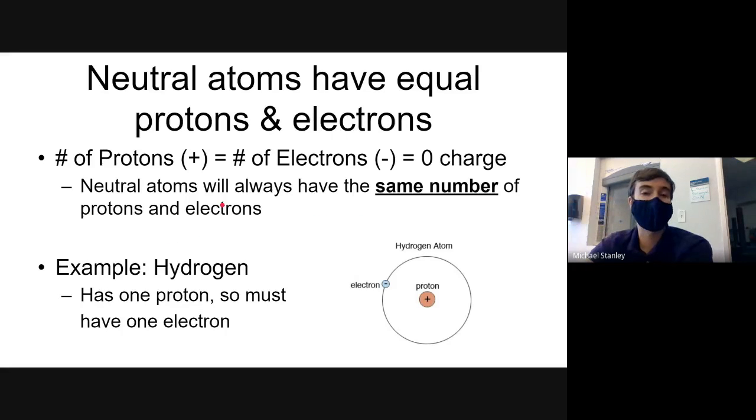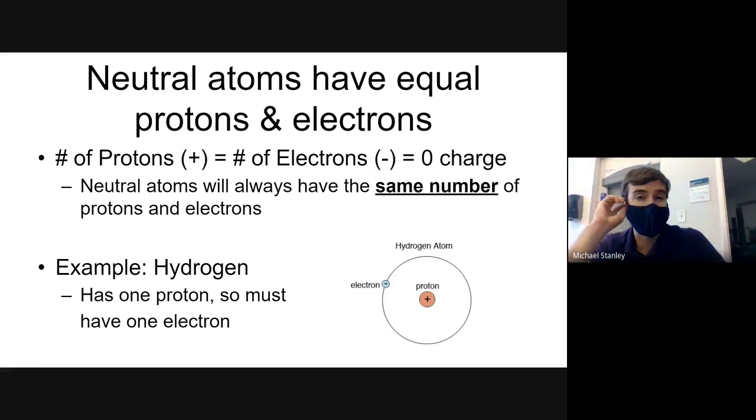So protons are really easy to figure out. It's just the atomic number. Electrons are also really easy to figure out because they have the same amount as protons. Electrons and protons will always be balanced in the atoms that we worry about for this class.